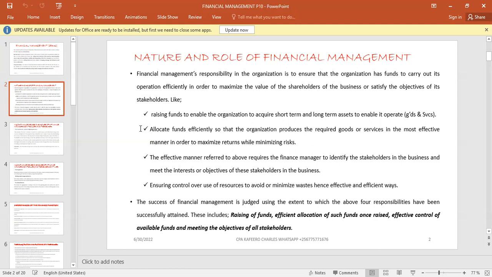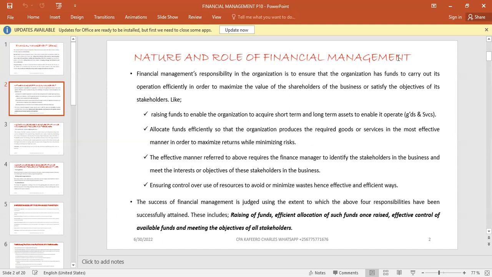These stakeholders, we shall look at them, but those are the people that use the financial management information. And we are saying that you should be able to allocate the funds we've got, and make sure you maximize the value of the shareholders of the business.